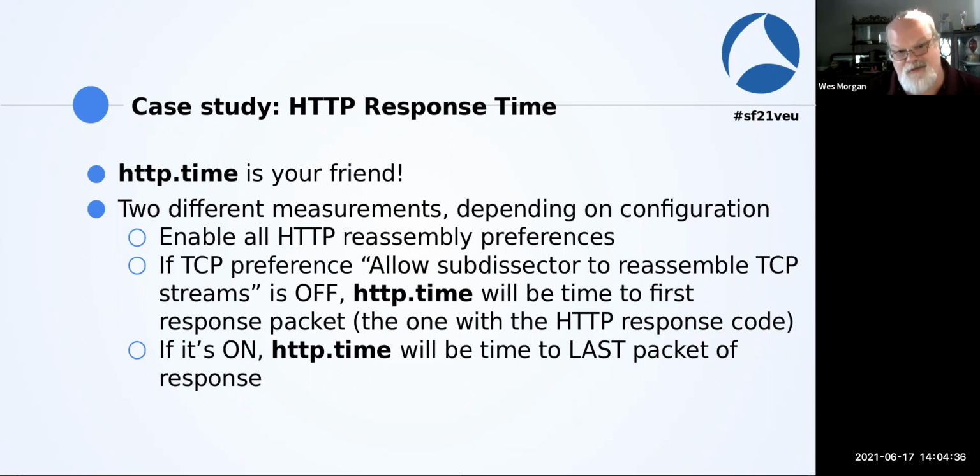There are 2 different measurements of HTTP response, and it depends on your Wireshark configuration. You'll have all the HTTP reassembly preferences enabled, but then you go to the TCP preferences. And if you do not allow the subdissector to reassemble TCP streams, HTTP time will be the elapsed time between the request and the first packet of the response.